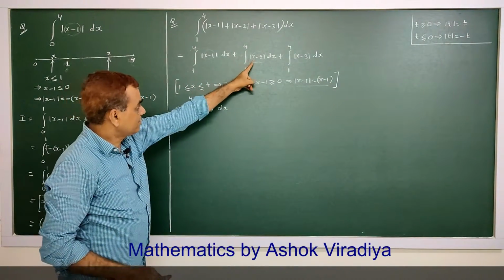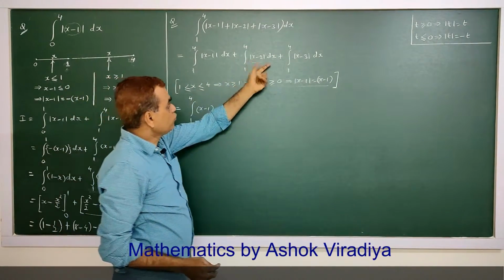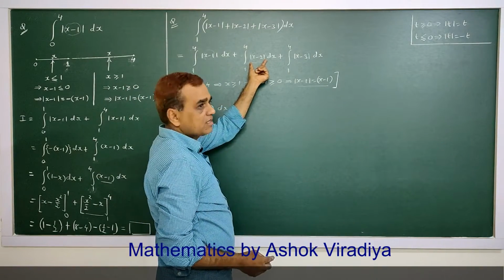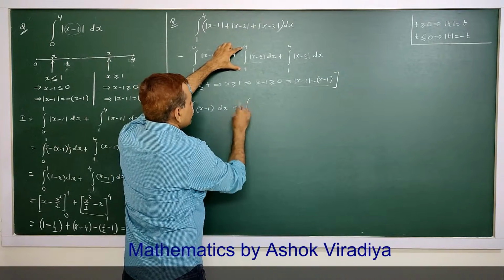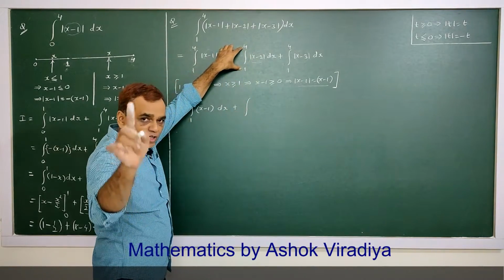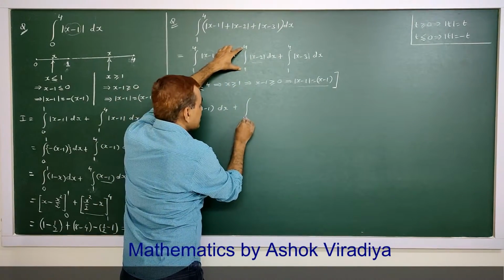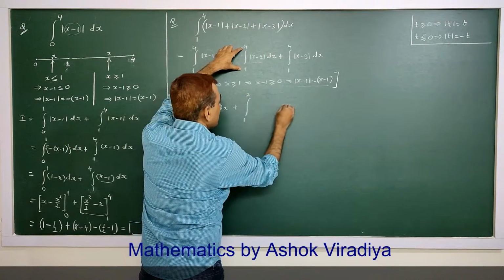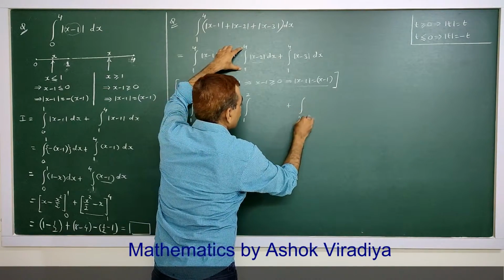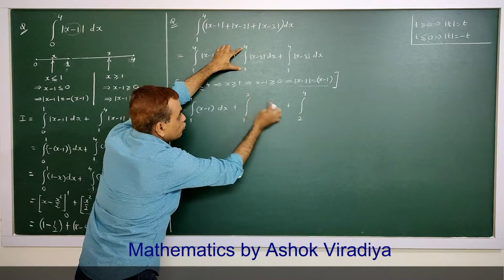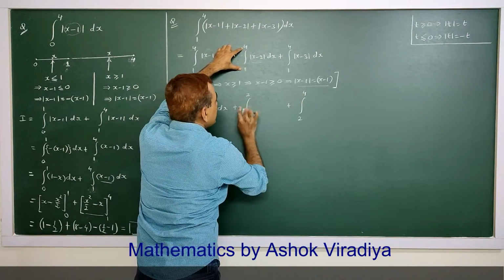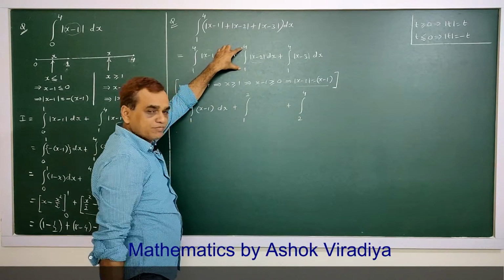But here we have to do parts. At 2 we have to separate this. So 1 to 4 I am dividing as 1 to 2 plus 2 to 4. So at 2 this is separated.